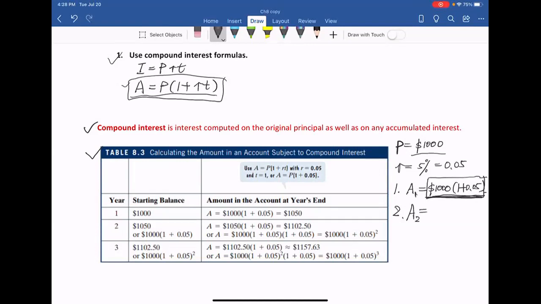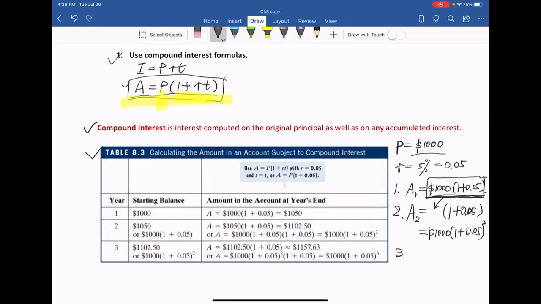The new A means this amount of money, that is my new P, times (1 plus RT). Use the formula here: the new P, and then still times (1 plus RT), 1 plus 0.05. That equals $1,000 times (1 plus 0.05) squared.